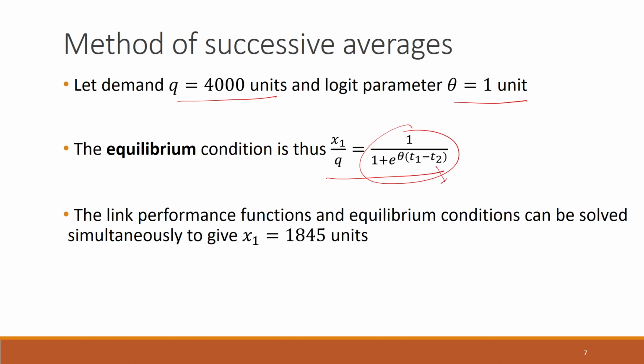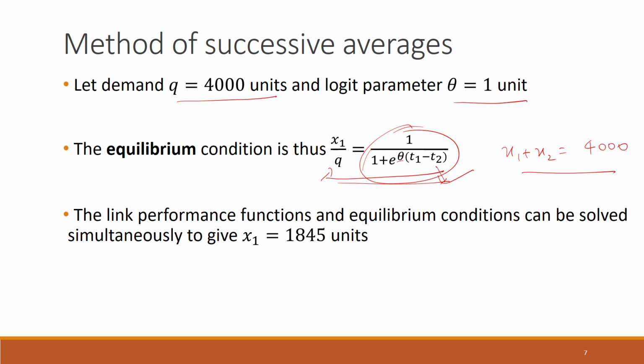Again, for T2 also you can replace it with the travel time function that was shown in the last slide. Then you will get a function having x1 and x2 on the RHS. We also know that x1 plus x2 is equal to the total demand, which is 4000. And q here you can put as 4000 and theta is given to be 1. So, you have this equation and you have this equation. You can replace x2 with 4000 minus x1 in this equation, and then one can solve it.